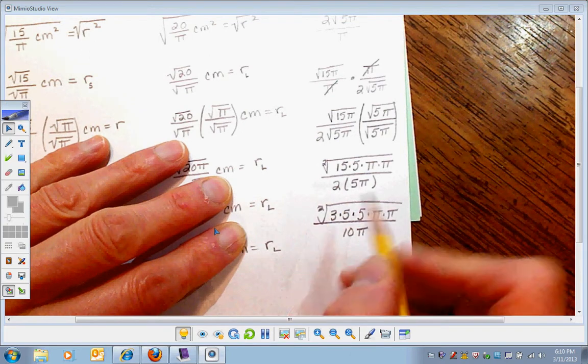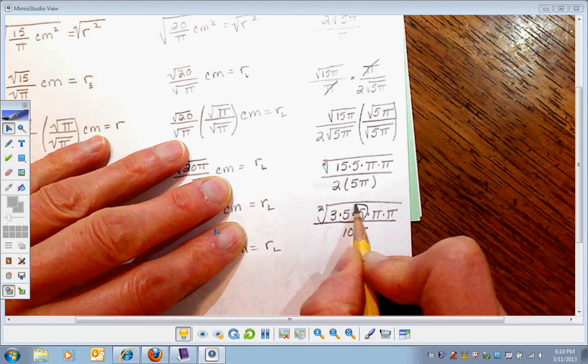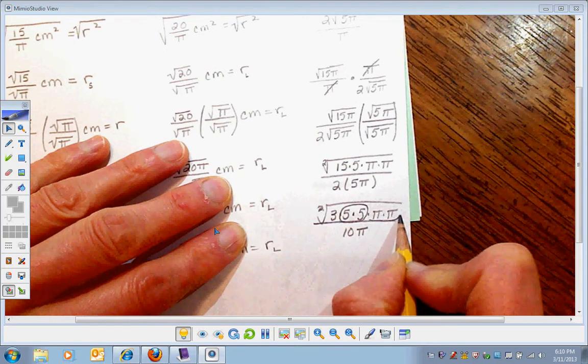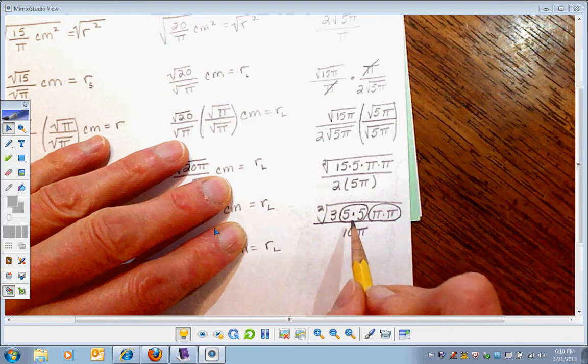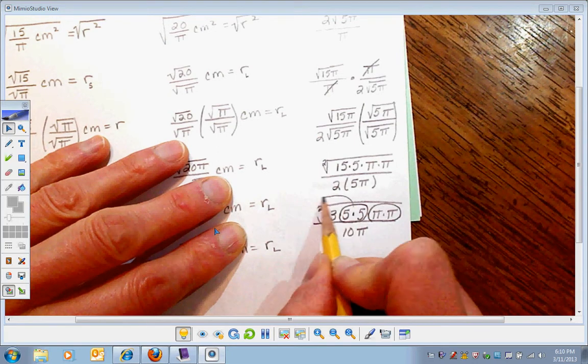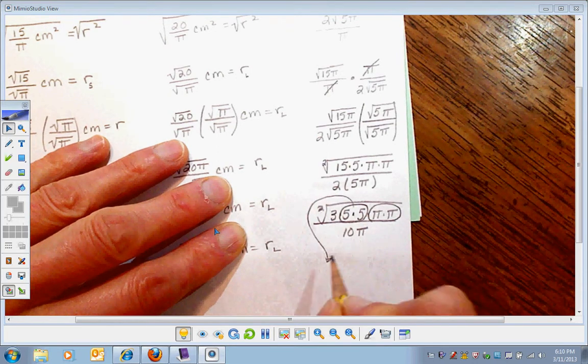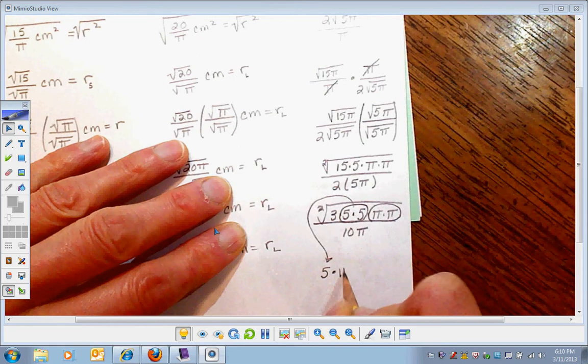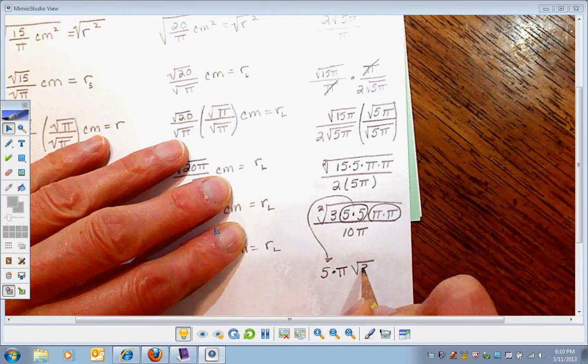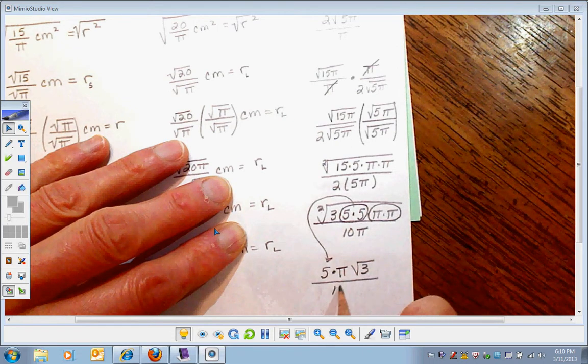I'm looking for 2 of the same. That makes one group. That makes another group. So what do I have in this set? Comes out as a 5. Times, what do I have in this set? A pi. That comes out. What do I have left? The square root of 3. What's in my denominator? 10 divided by pi.